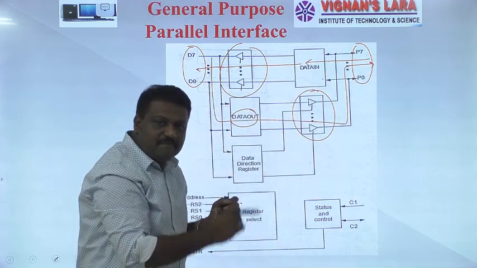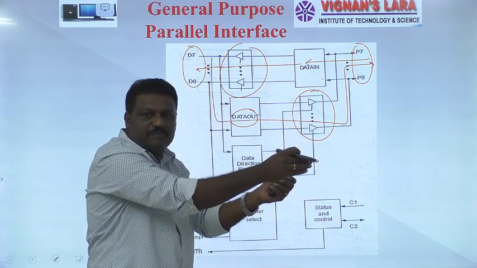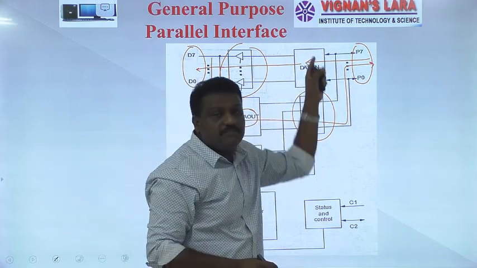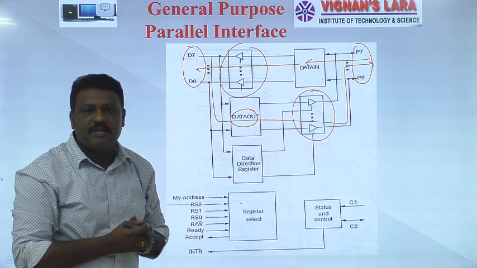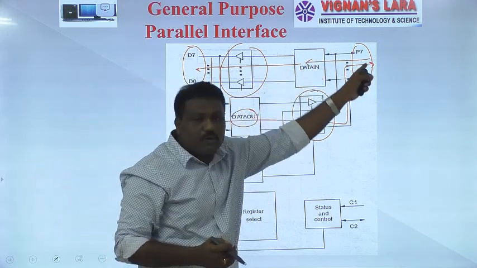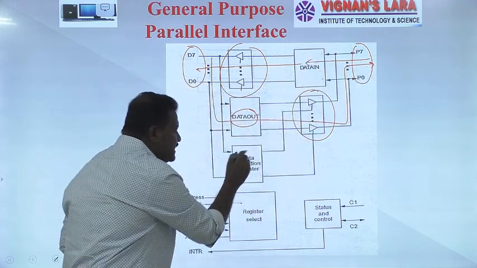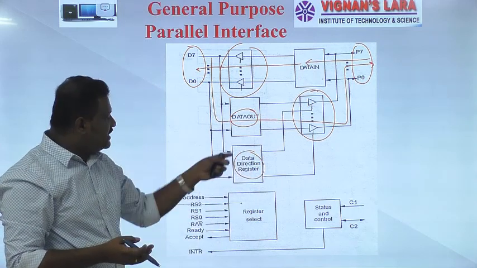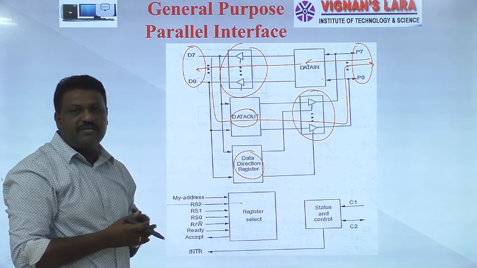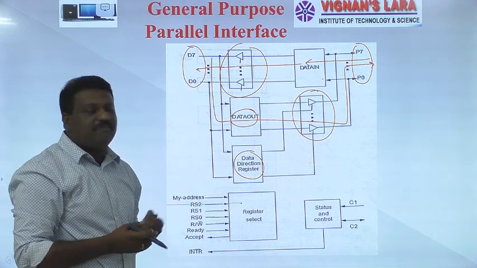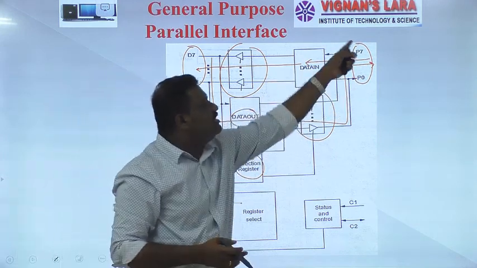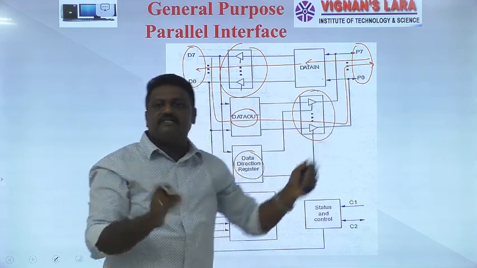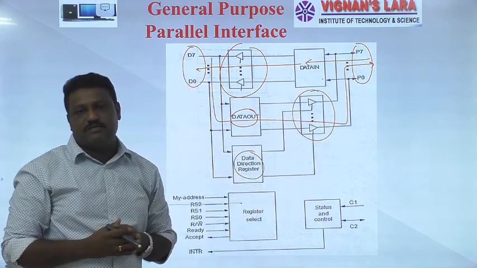And similarly, if my processor wants to send something to an output device, on that occasion these lines become output lines. These signals can be programmed with the help of a data direction register, DDR. Here we have a data direction register DDR, which is an 8-bit register. With the help of this 8-bit register, I program these lines to act as input lines or output lines.